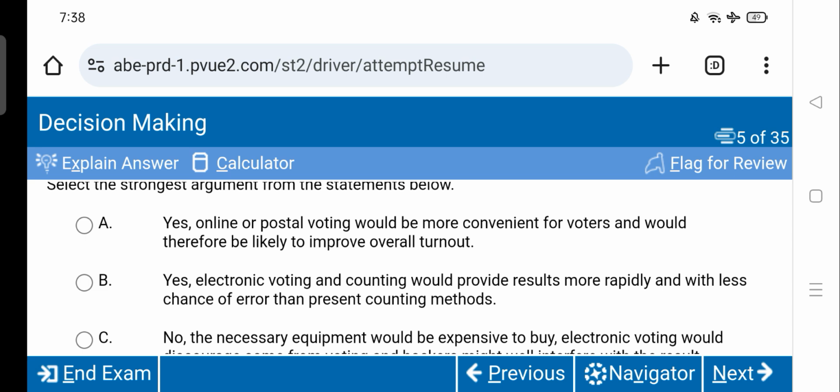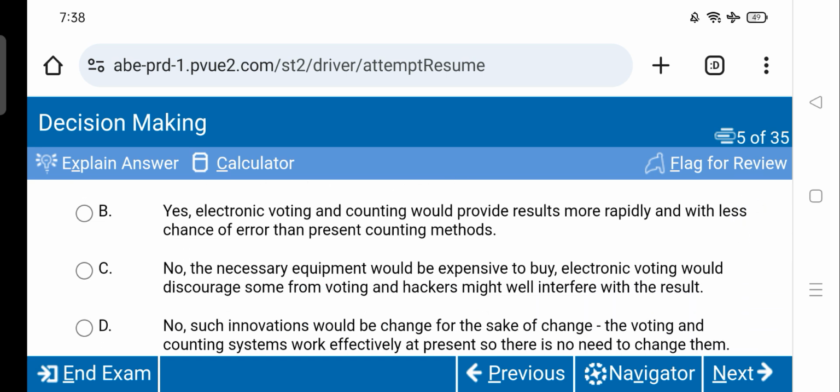Option B. Yes, electronic voting and counting would provide results more rapidly and with less chance of error than present counting methods. Option C. No, the necessary equipment would be expensive to buy.